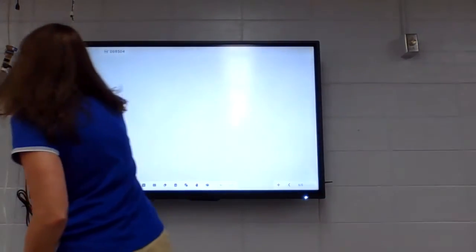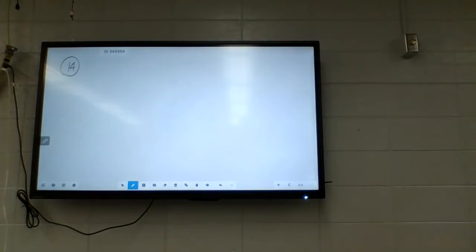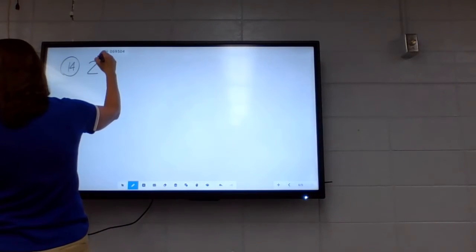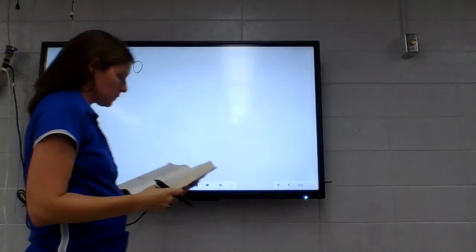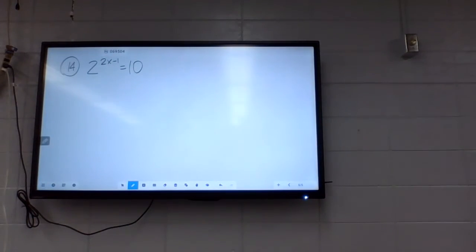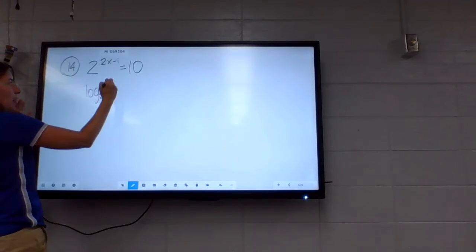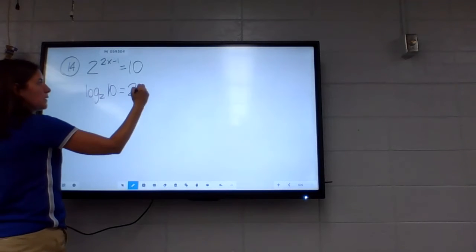Number 14. So this is one I would switch it back to log form. So I don't like this form, so I'm going to make this log base 2 of 10 equal that exponent.